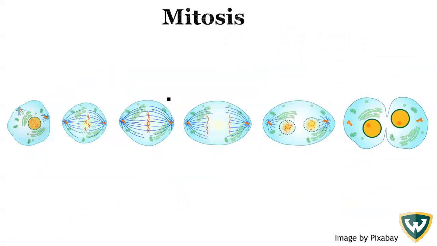Now let's talk about those specific phases of mitosis. Remember, within the cell cycle, we're at G2, and that puts us into the first individual phase of mitosis, which is called prophase. In prophase, a few things are happening. The chromosomes are condensing. The spindle fibers, which are these little spider-like arms, are starting to extend from the centromeres.